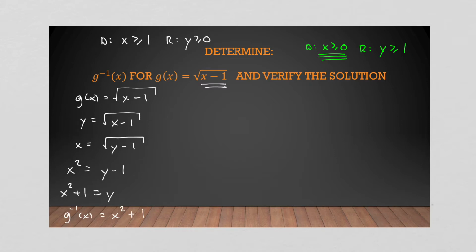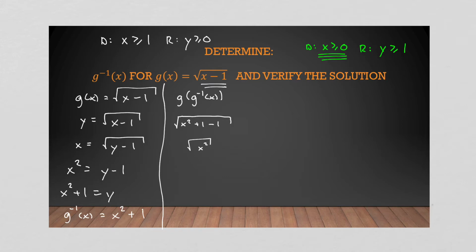Part 1 finished. Now what we have to do, though, is we need to check our solutions. So the first thing we're going to check is g made up of g inverse. And what we get here is the square root of x squared plus 1 minus 1, which means the square root of x squared.